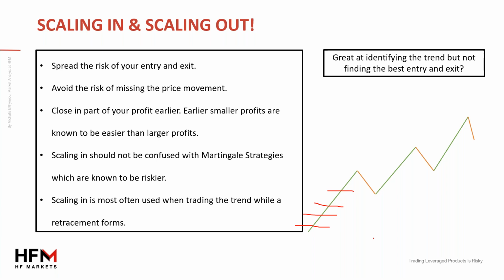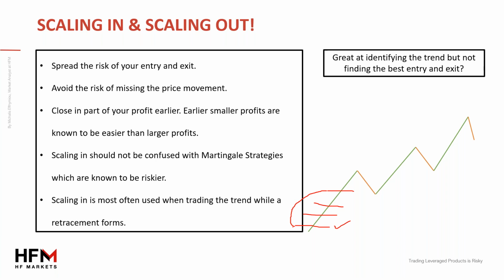This, ladies and gentlemen, is what is known as scaling in. I'm not trading less, I'm trading the exact same amount, because on one trade I've got one lot, whereas here I've opened 4 trades, but 4 times smaller. And I'm opening it at different times and at different prices. So I don't have to be correct at this price here. I just need to be correct at this bracket here.